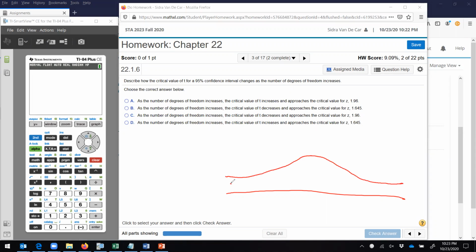But as the degrees of freedom increase, it becomes narrower on the ends and taller and higher, more like a Z curve in the middle, right? So as the degrees of freedom go up, it becomes more and more like a normal Z curve, right? All right, so we want to say, as the number of degrees of freedom increases, the critical value of T increases and approaches the critical value of Z.